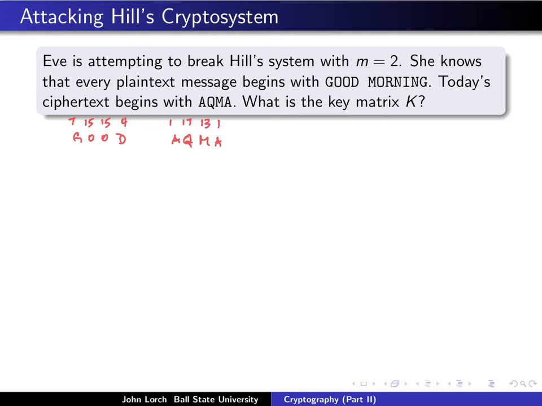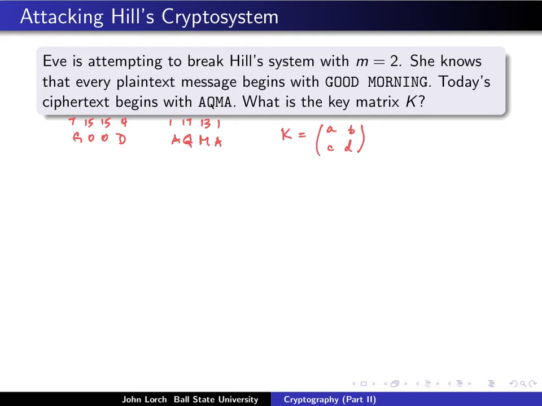So let's suppose that our key matrix K has entries A, B, C, D. So our goal is to figure out what A, B, C, and D are, and that will require some work on our part.